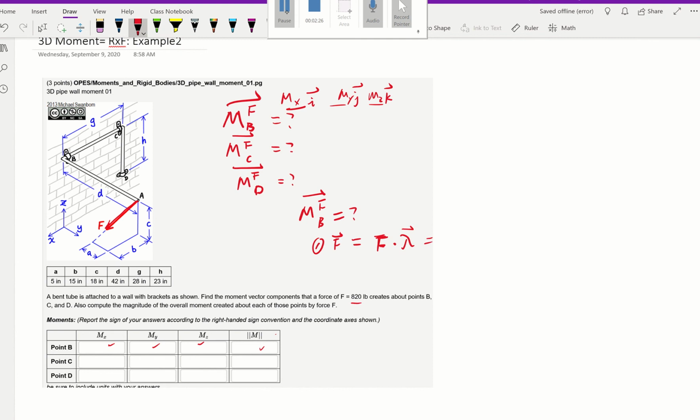The magnitude is 820, and we get the position vector right away. The position vector is from A to here, so that point is our final point: final point minus initial point, the xyz coordinate difference. They already gave us the coordinates.